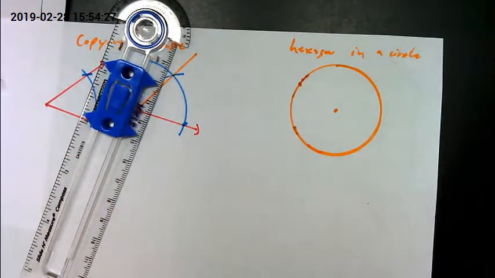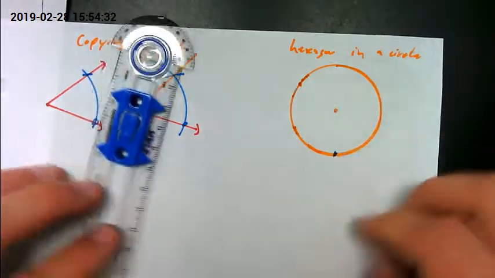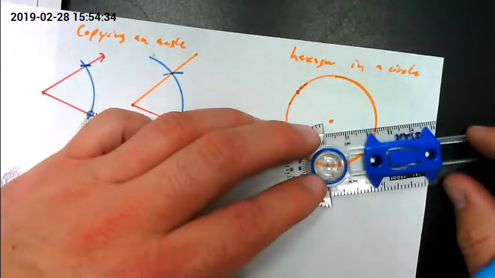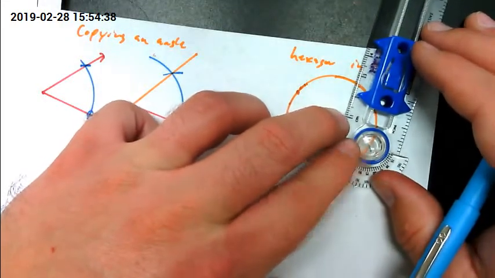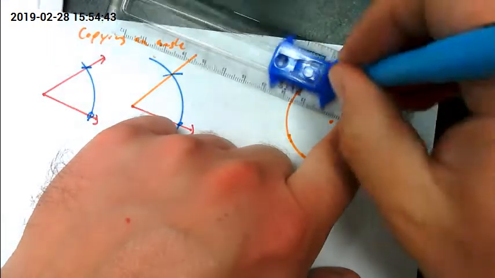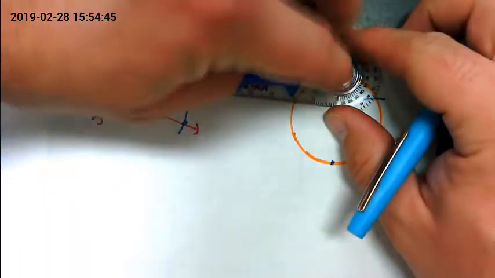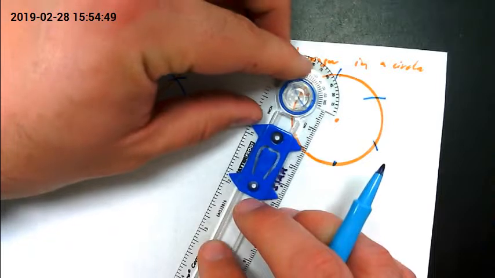Then, once we swing that circle, again, we're going to leave that same setting on our compass. Take a random point on the circle. Use that same length that was our radius to swing an arc to our circle. Then from that arc, swing another arc. Then from that arc, swing another arc. Then from that arc, swing another arc. And we go all the way under our circle until we're back at the original point.